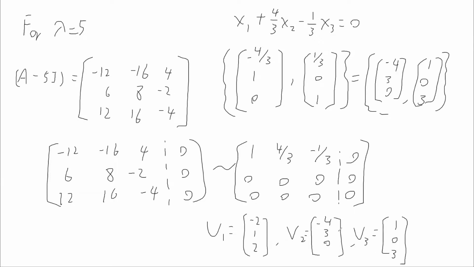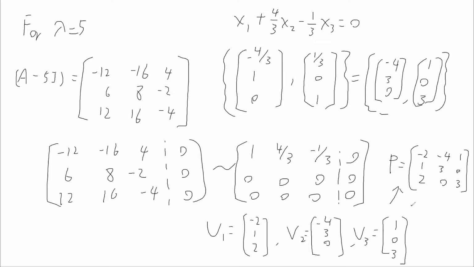Putting all three of these together, we get our matrix P, which is (-2, 1, 2), (-4, 3, 0), (1, 0, 3) as columns. The first vector corresponds to the eigenvalue of -3, and the last two correspond to the eigenvalue of 5.